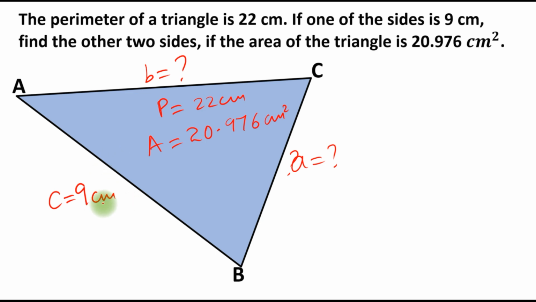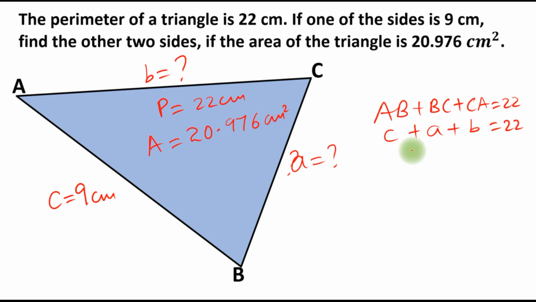So if one of the sides is already 9 centimeter, the perimeter is the sum AB plus BC plus CA, which is 22 centimeter. So that means A plus B plus C is 22 centimeter. C is 9, so 9 plus A plus B is 22.